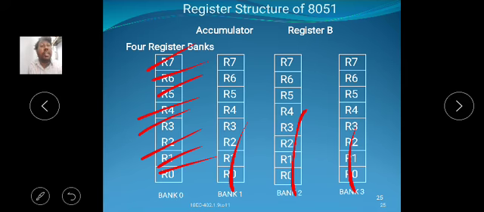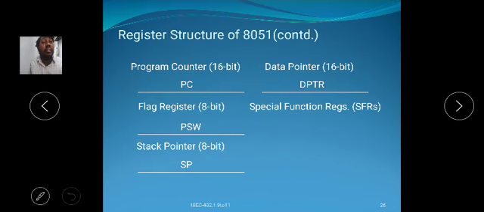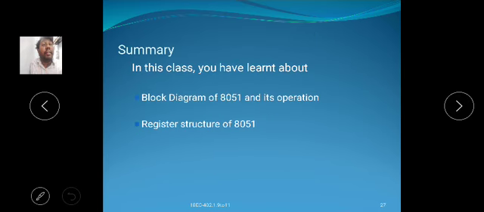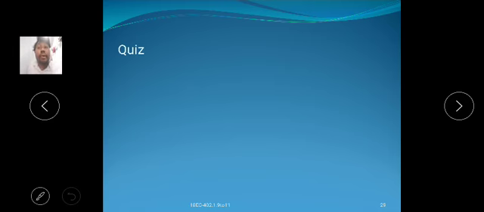These blocks also include the general purpose registers, accumulator, B register, and the 4 register banks. After that, in the register structure of 8051: program counter, program status word, stack pointer and DPTR. These are the 3 important questions.